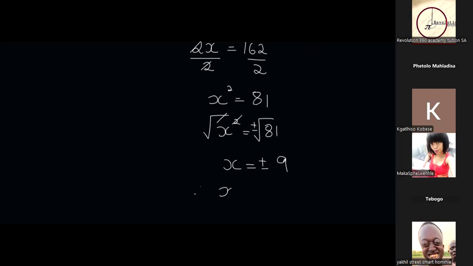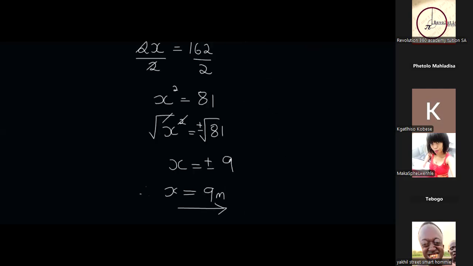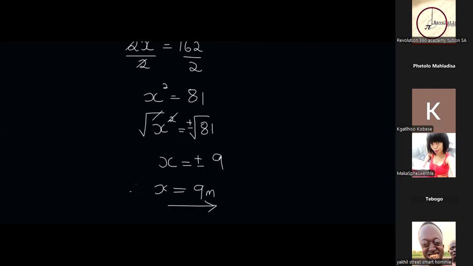Since they say find the dimensions of the larger rectangle, the dimensions are the ones that I told you you're going to find like this. You must go back to the previous dimension where we spoke about the length including the outside border.